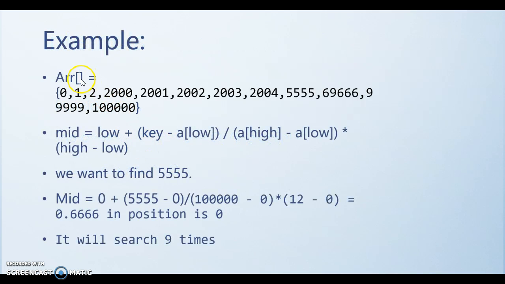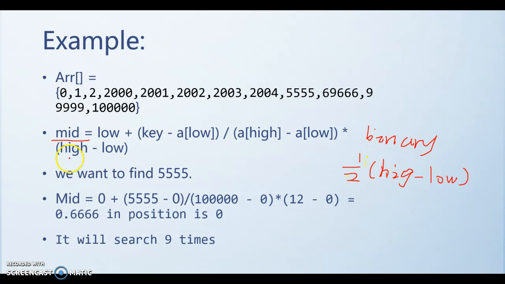And here I have an example to let you know. Here we have the mid formula. This formula is totally different from the binary one. The binary formula just uses high minus low, so we get the mid, and we just separate the whole array from the high to the low for the binary part.